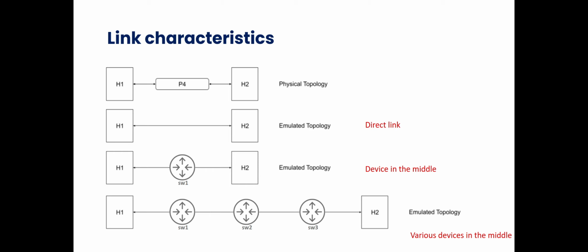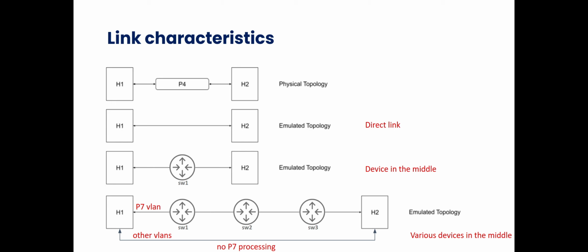And we can emulate complex topologies where we are going to have more than one device in the middle, and then we are going to have different links between each of these devices. It's important to mention that inside P7 we have a predefined VLAN that is the one that is going to pass through all the internal processing that is going to emulate the different link characteristics along the different links and paths inside the topology.